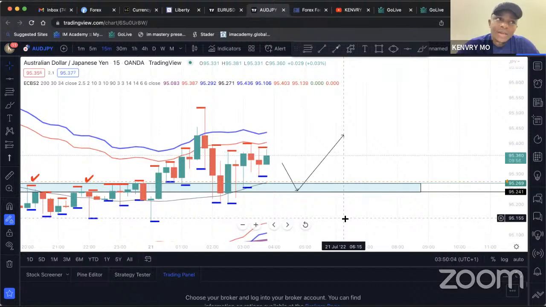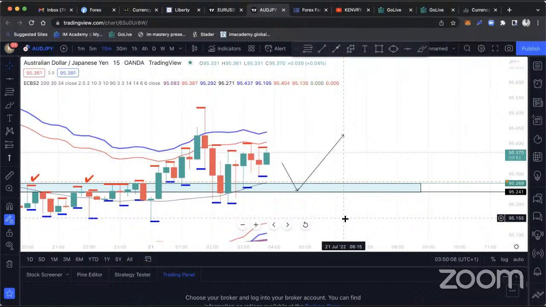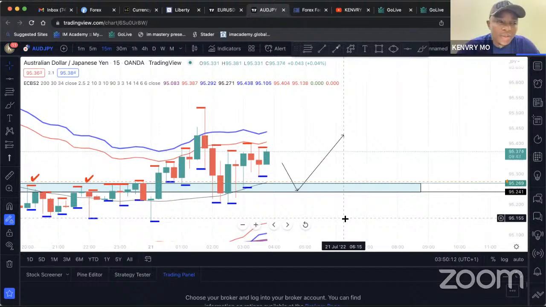Do you mean expiration or the time frame? Time frame. Okay, first, I don't do analysis on 3 minutes. I do analysis from the daily, 1 hour, 15 minutes, and 5 minutes time frames.